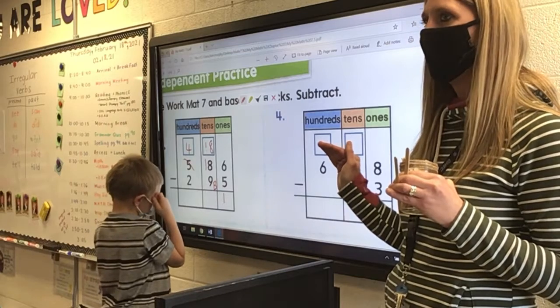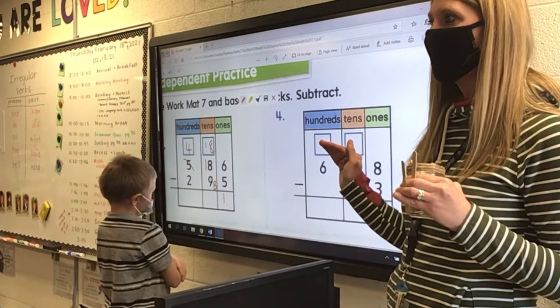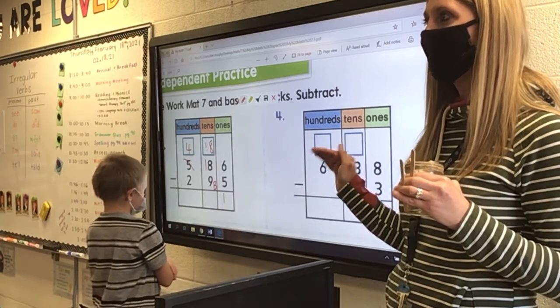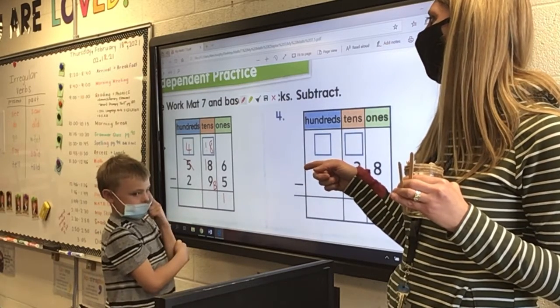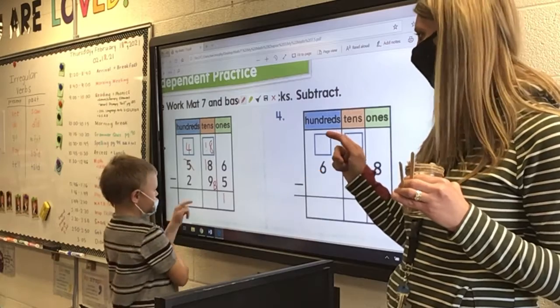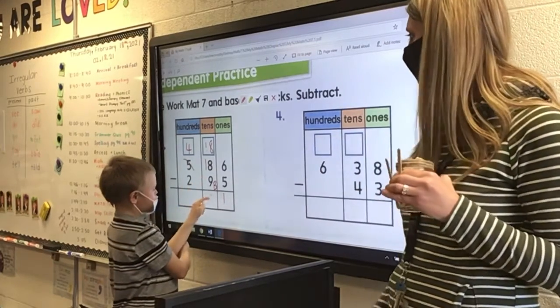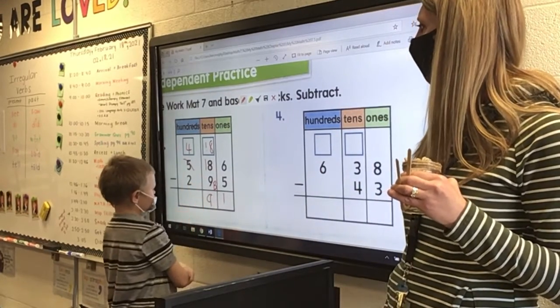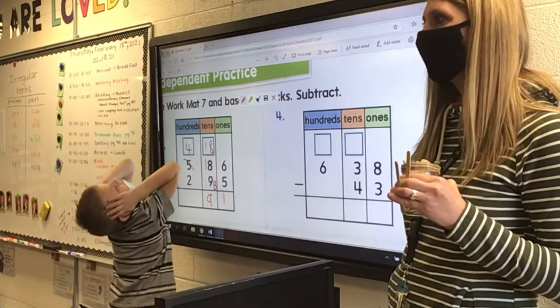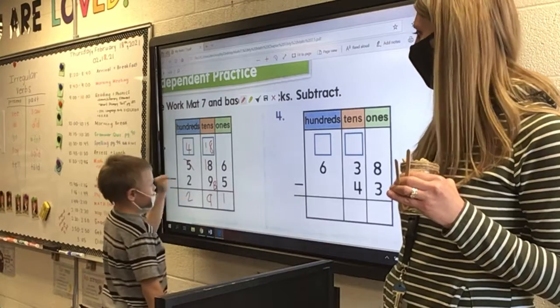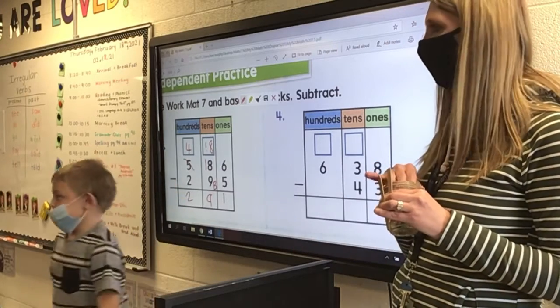It's a double. 9 plus 9 is 18, so 18 minus 9 is 9. Yeah, it just tells you because it's a double. And then 4 hundreds minus 2 hundreds. It's another double.